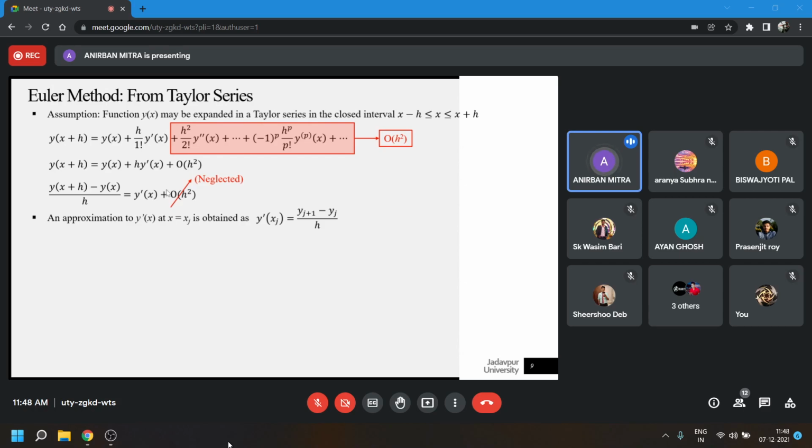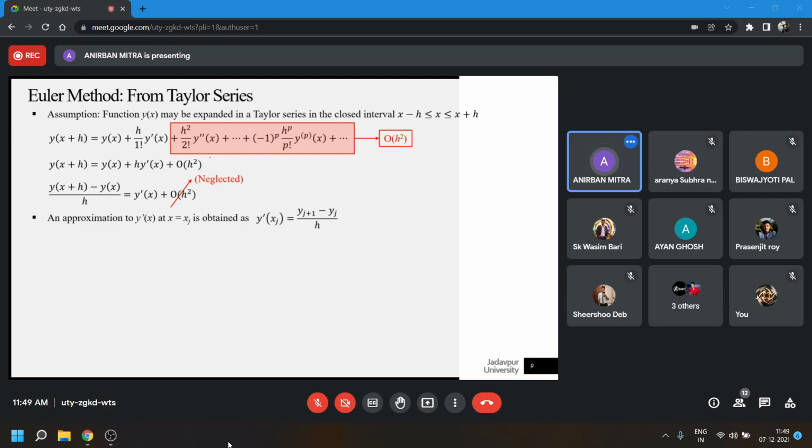You will probably remember the term truncation error. What is truncation error? It occurs when we truncate or terminate an exact mathematical procedure. The exact representation of y(x plus h) is this infinite series of terms.